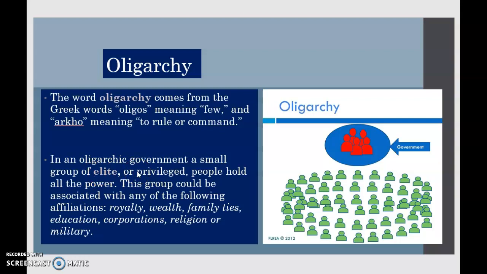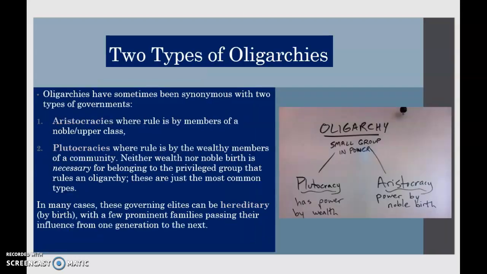A lot of times, an oligarchy is associated with any of the following types of descriptions: a royalty, wealth, family ties, education, corporation, religion, or military. So it comes in all different shapes and forms. There are typically 2 types of oligarchy.